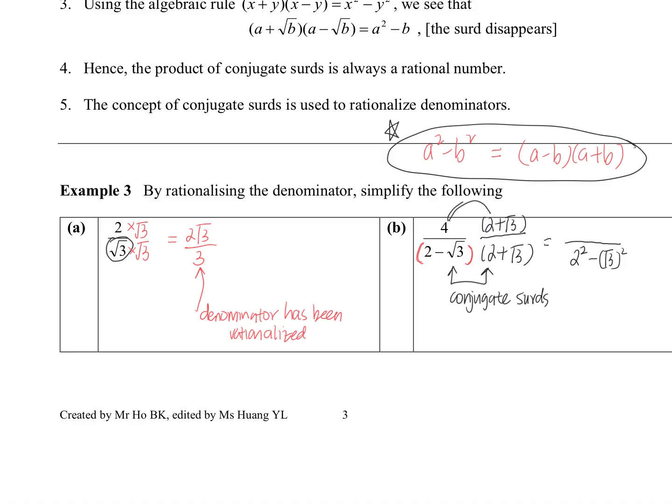And then at the top, can you see the denominator now has magically changed to a number? So it's math magic. Anyway, it's over 1, no need to write the over 1. But can you see that the denominator has no more surds? So this is called rationalizing the denominator.